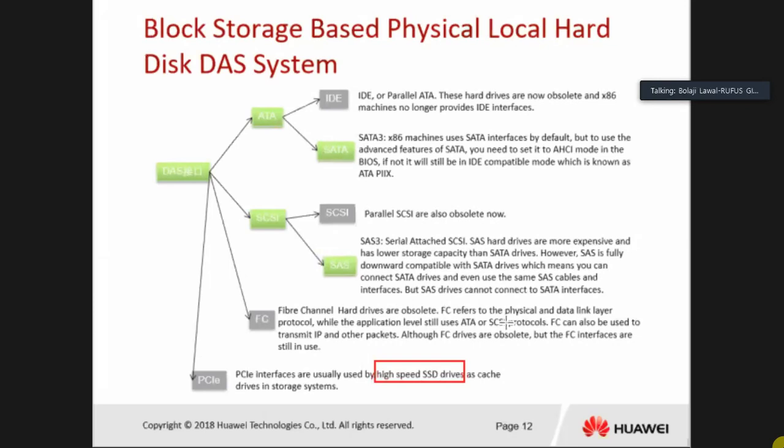Fiber channel hard drives are obsolete. Fiber channel refers to the physical and data link layer protocol, which is true, while the application level still uses ATA or SCSI protocol.